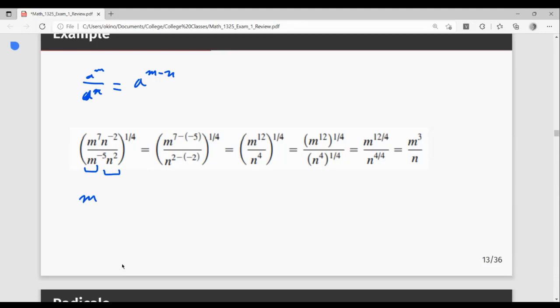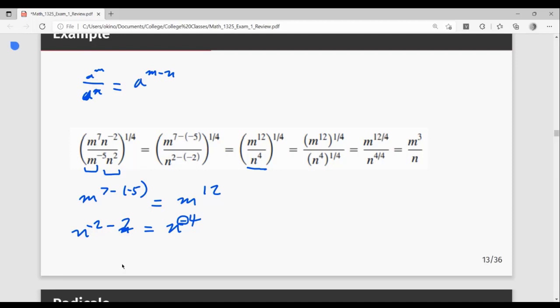So I have m to the power of 7 minus 5, so that's just m to the power of 12. And then I have n to the negative 2 minus 2, because it's squared. So that's just n to the negative fourth. That's a negative, so I can write it in the denominator, and it becomes a positive 4.